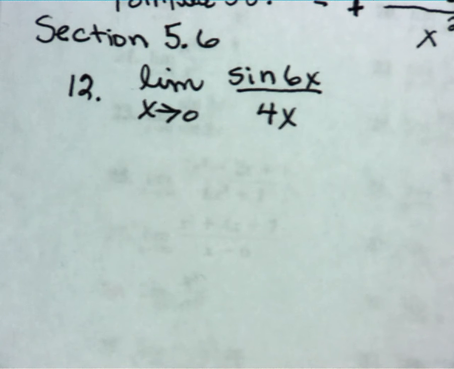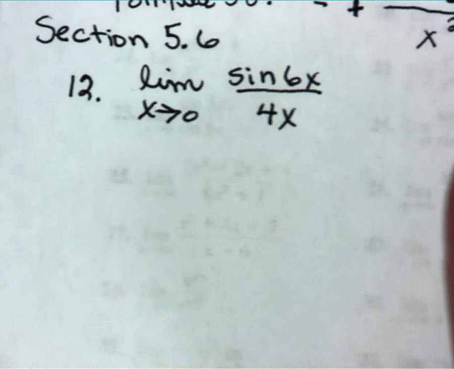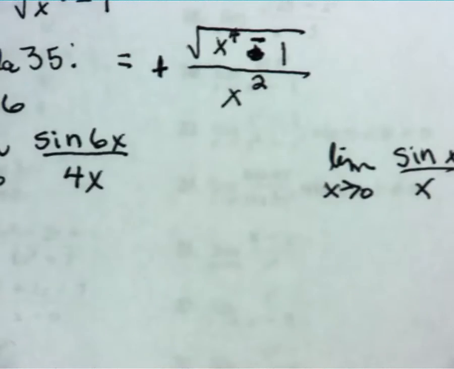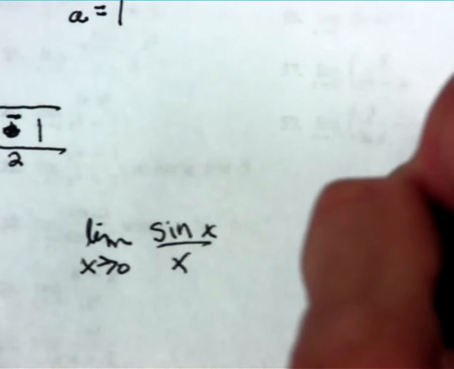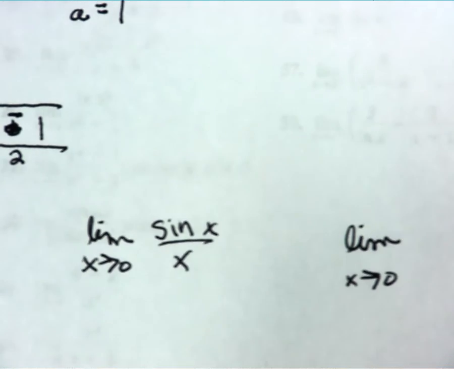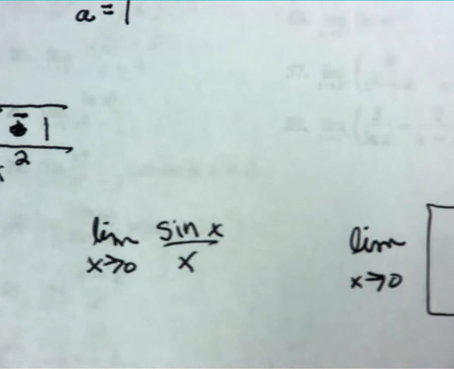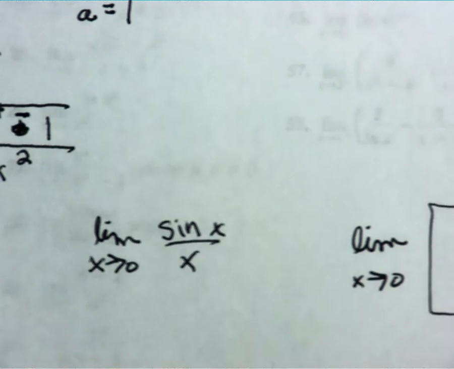I just suddenly had a Michaela Van Landingham pain because we had two special limits in 2.3. The limit as x goes to 0 of sine x over x was one of them, and the other was the limit as x goes to 0, and I don't even remember what this one was. I'd have to re-memorize it.